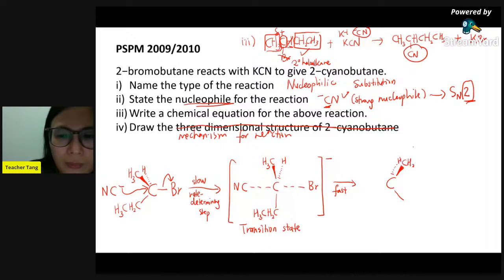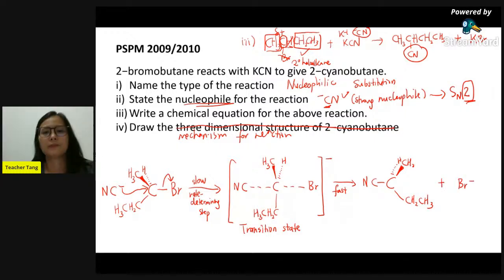So CH3, and this is CH2CH3, and here is your CN. And the bromine will leave as bromide ion. Okay, so this is how you draw the SN2 reaction mechanism.